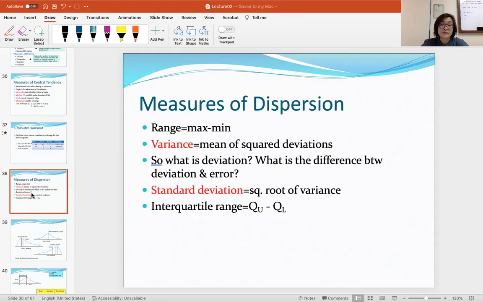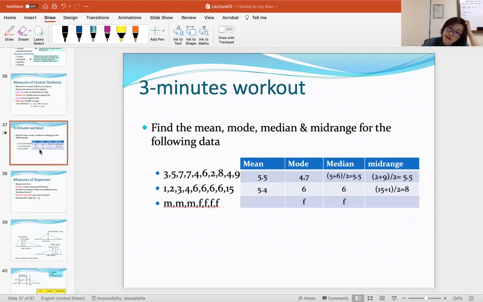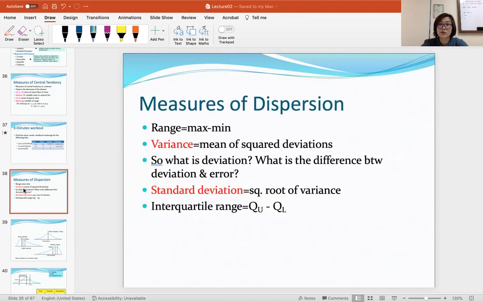You might say, why do we need the mean, the mode, the median? If it is a small set of data, it's quite easy for us to find the median and the mode. But imagine we have a large data set, so that might give us a good value and meaning.